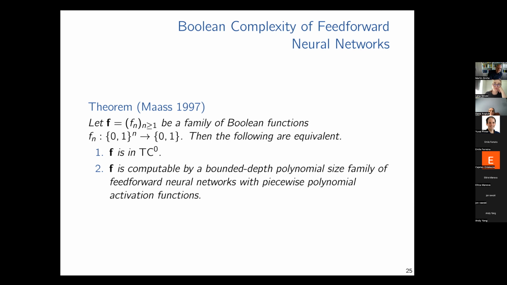And the reason it's not so easy to lift this is that here the input to the feed-forward neural networks that we observe is basically fixed to 0, 1 vectors. And we could generalize this to inputs from a bounded interval. But it doesn't go for arbitrary real inputs.